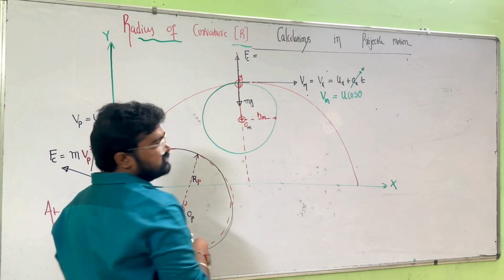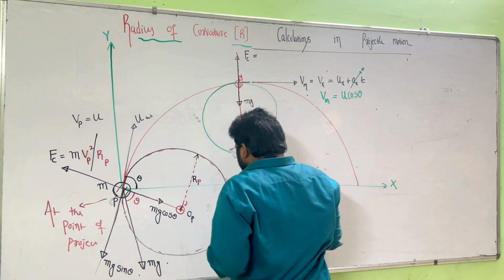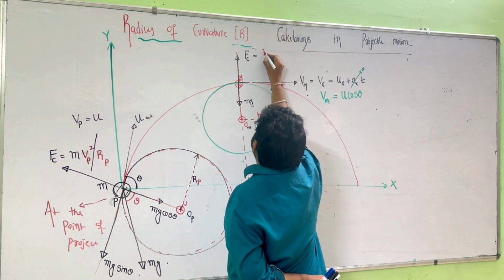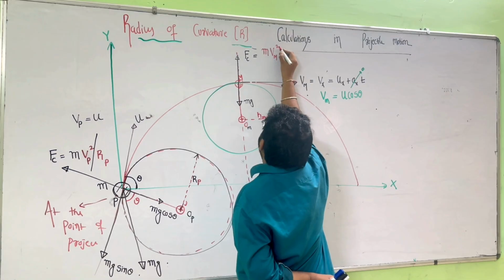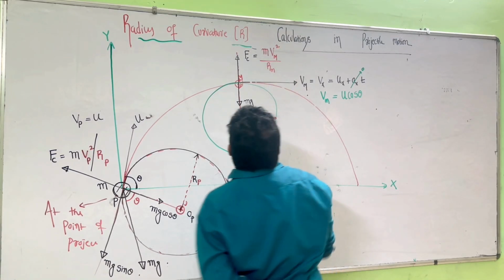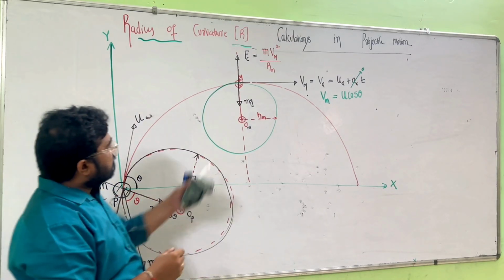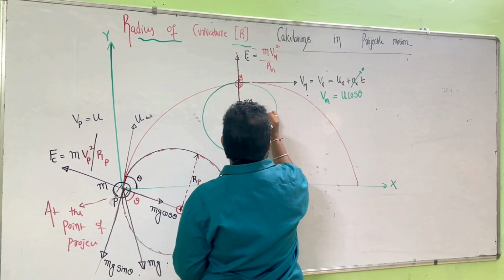If the particle is at maximum height, Fc equals how much? M into the corresponding Vm square by the corresponding radius of curvature. Understood or not?